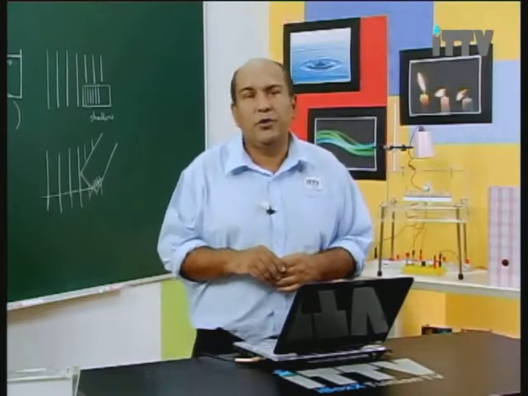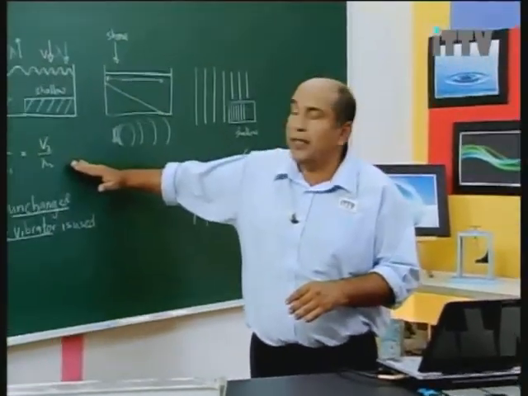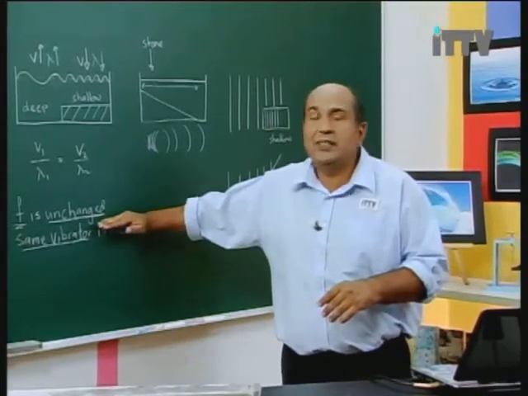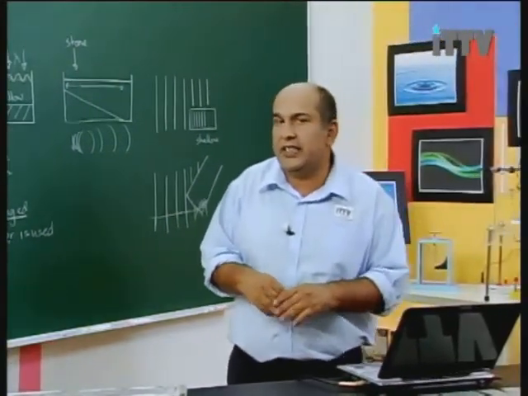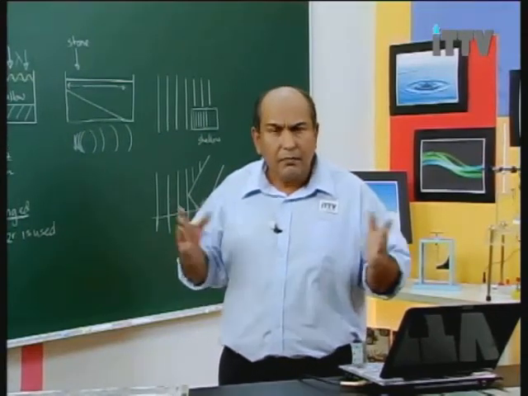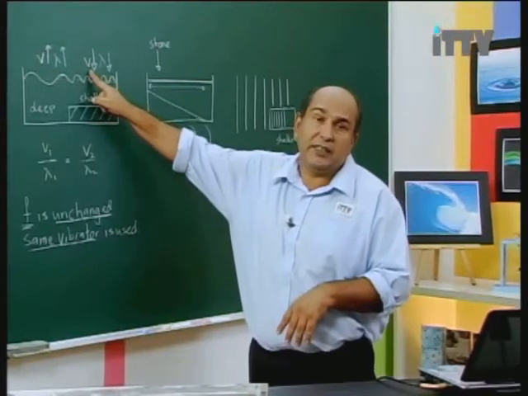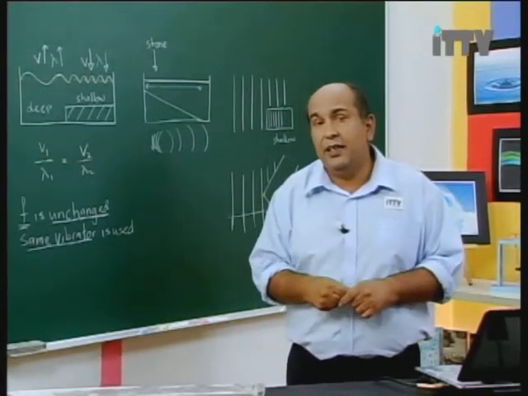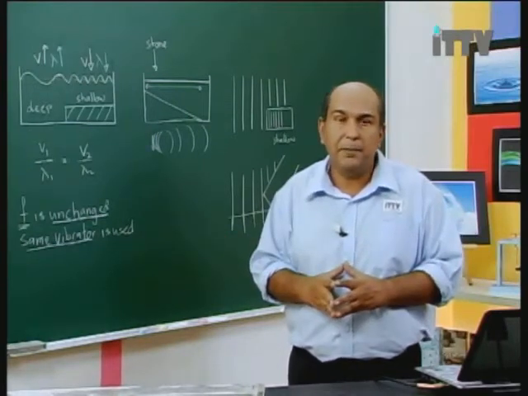So remember, when we do this, think about what changes. We've got the list here, so remember your frequency is unchanged, which means that really the answer for C is incorrect. When we go into a shallow area, the velocity decreases. So answer A, where the velocity is the same, must be incorrect.